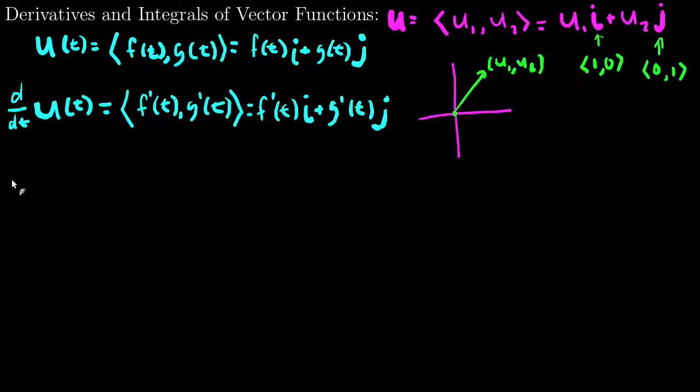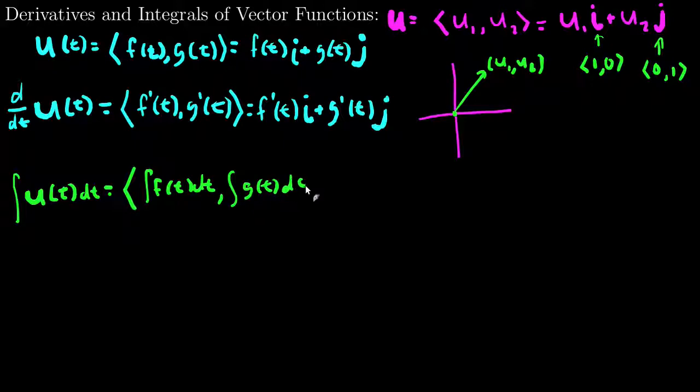Similarly, if I'm doing the integral, so the integral of the vector valued function u of t dt, that's the same thing as the integral of f of t dt and the integral of g of t dt, which I could write as the integral of f of t dt i plus the integral of g of t dt j.